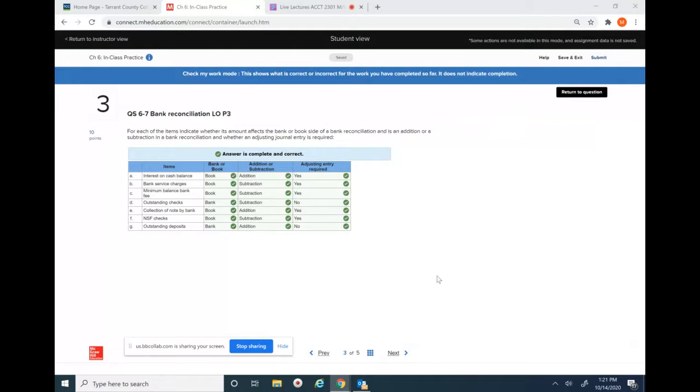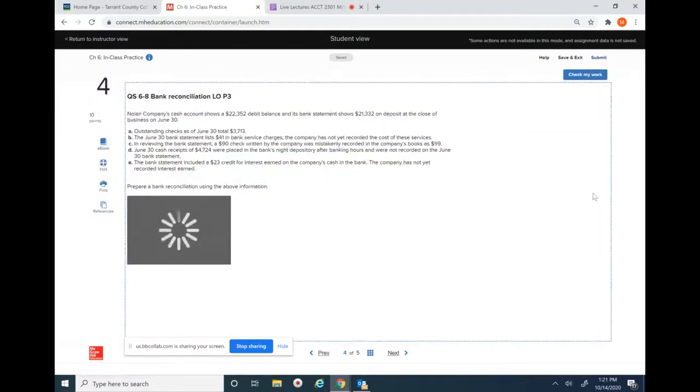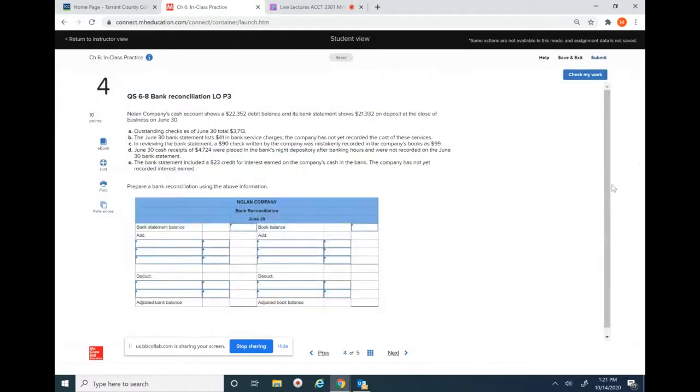Let's go to the next problem, bank reconciliation. And you'll notice the form, the bank reconciliation itself, is completely blank. So we need to learn today how to read the problem and how to determine what are the correct amounts to put on the bank statement side and on the book side of the bank reconciliation.